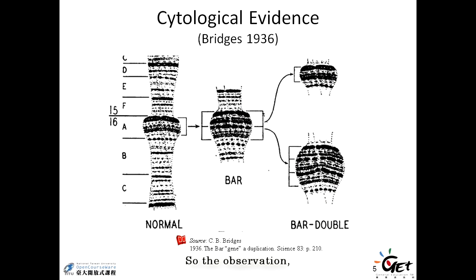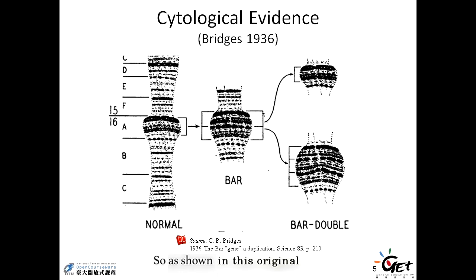So the cytological evidence for this duplication was done by Bridges. So Bridges did the beautiful cytological observation on the polytene chromosome of Drosophila.